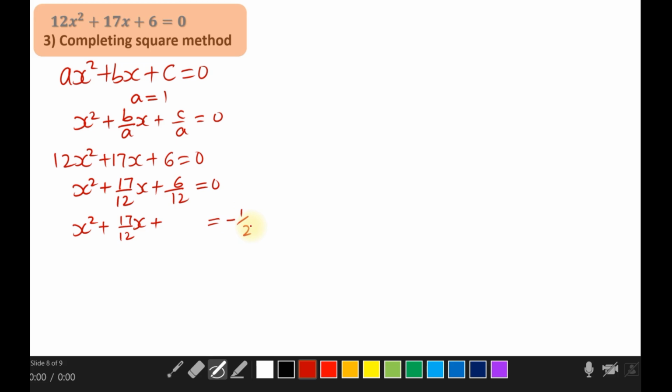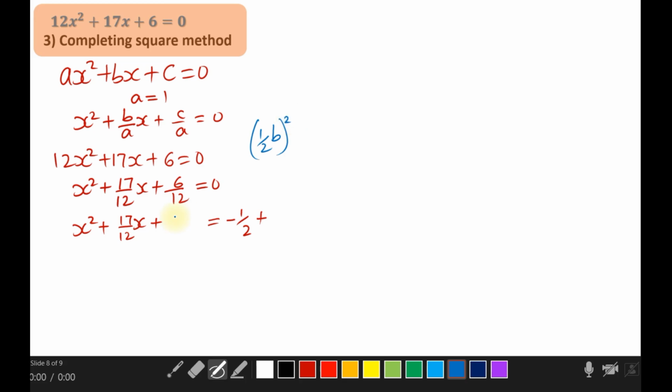So we need to ask ourselves, what must be added to the left hand side to make it a perfect square? And whatever must be added must also be added to the right hand side. And what is to be added is half the coefficient of x, squared.